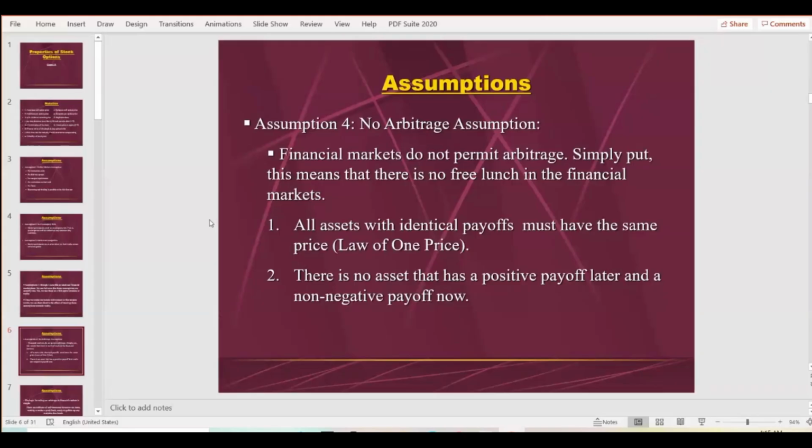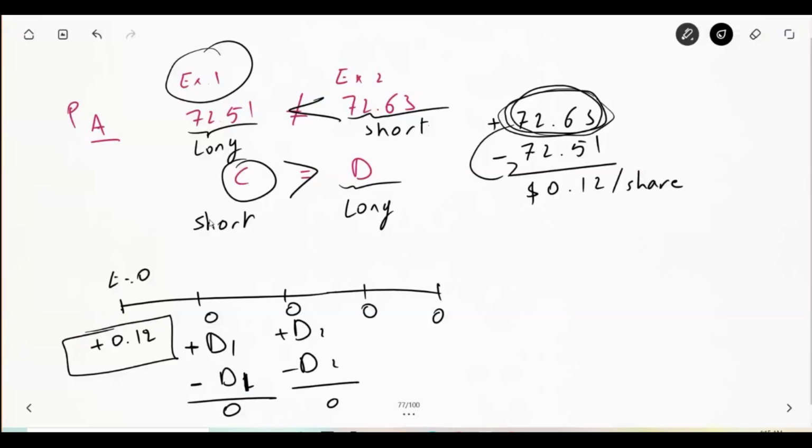So now, financial markets do not permit arbitrage. Why is that? Because simply, if there's a risk-free profit available, all investors will want to benefit from such arbitrage opportunities. So if I go back to that example, all of the investors will be taking a long position here and a short position here.